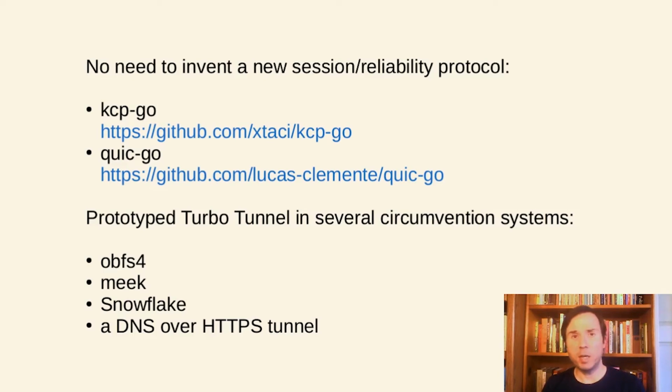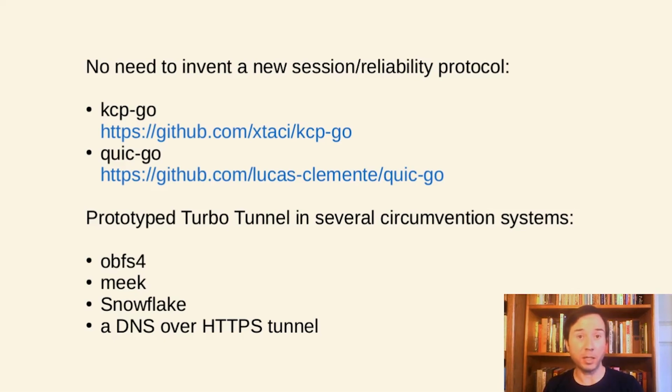And finally, you may be asking yourself, why would you need a session and reliability protocol for obfs4? obfs4 is already based on the use of TCP, which is already a reliable in-order protocol. Well, the answer to that is that obfs4 is vulnerable to TCP termination attacks. A censor can reset a TCP connection, and that tears down the whole obfs4 connection and all the session state attached to it.